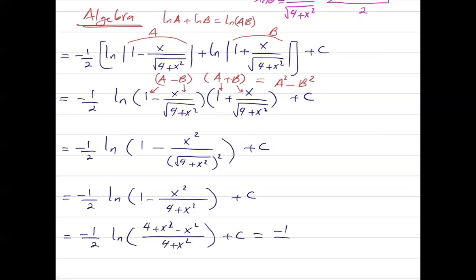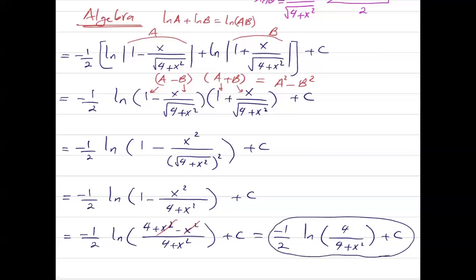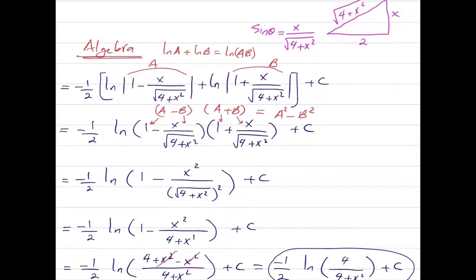You can cancel out these two terms. Negative a half ln of 4 over 4 plus x squared plus constant of integration. So in a shorter version, and here on top, you have the longer version with ln that are not combined together.